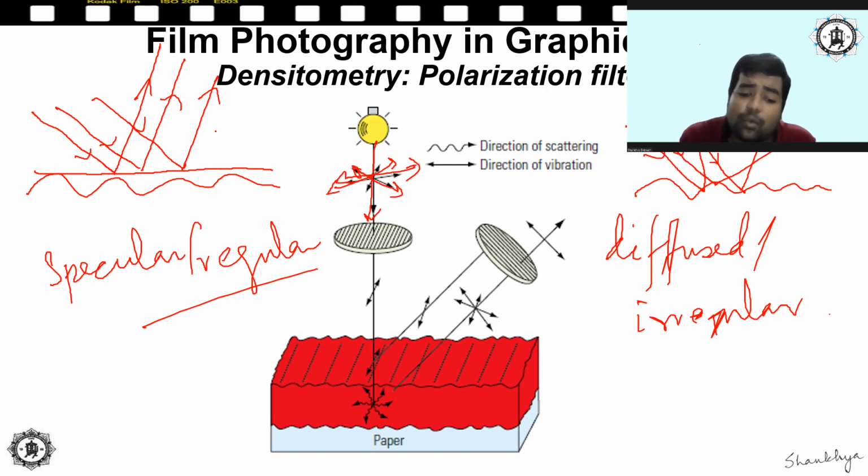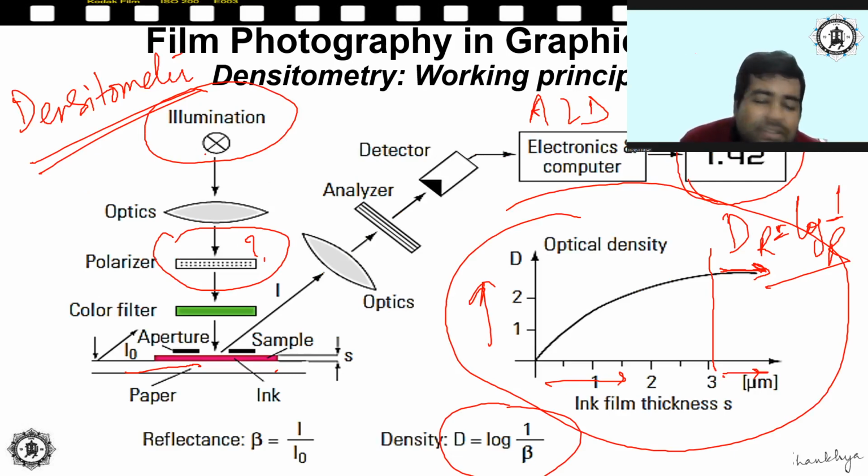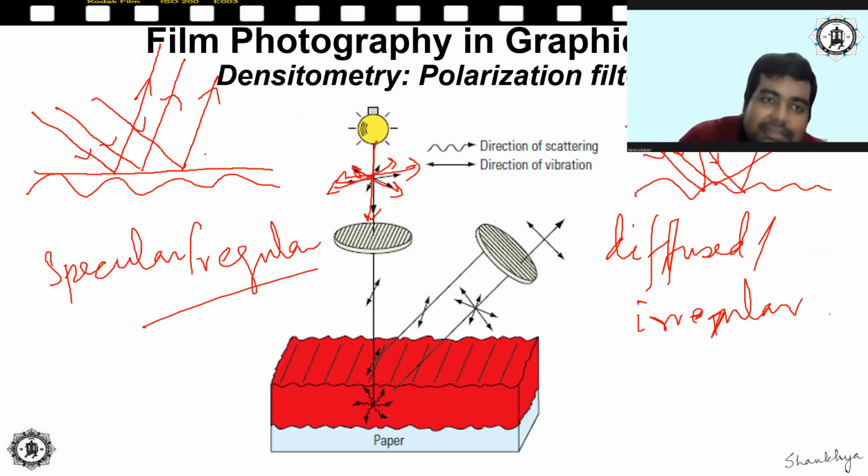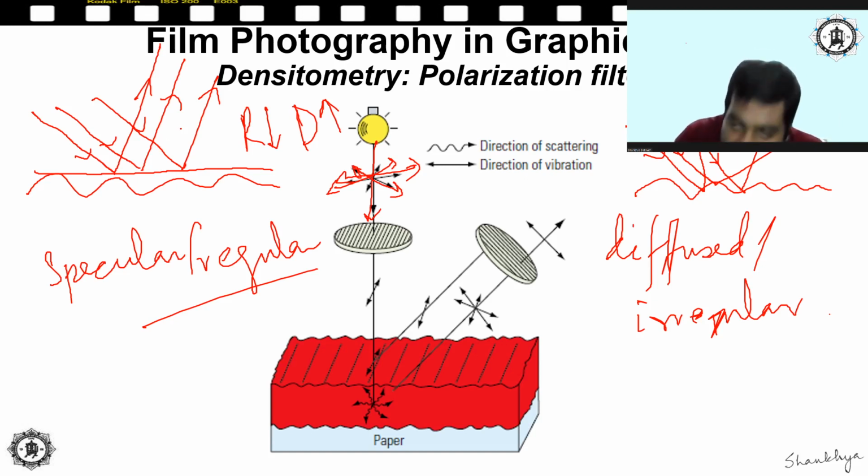Light is getting reflected in only a single direction. Because of this, the amount of light that will reach the detector is not going to be that high. When the amount of reflected light is low, the optical density becomes high, if you remember from the past slide. Because in specular reflection, all the light is getting reflected in one direction, our detector will not receive much of the light. It will receive a lesser amount of light.